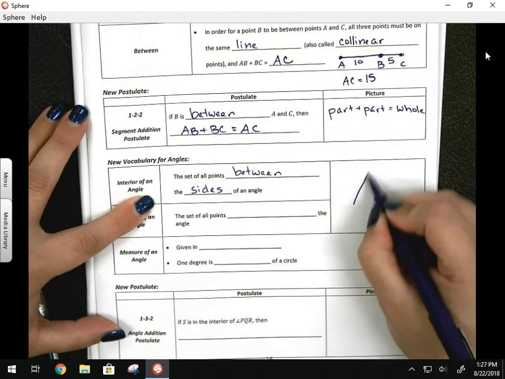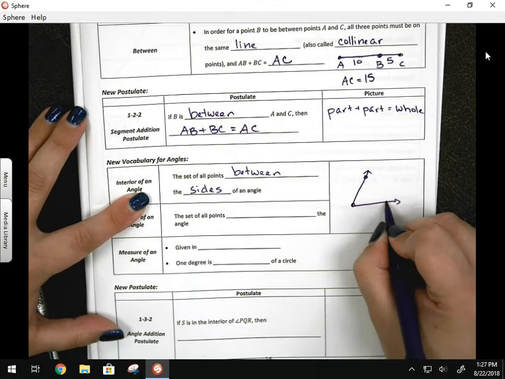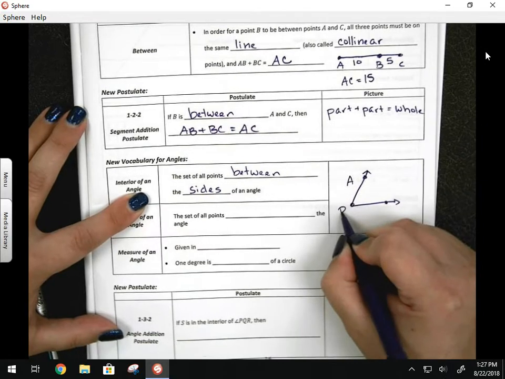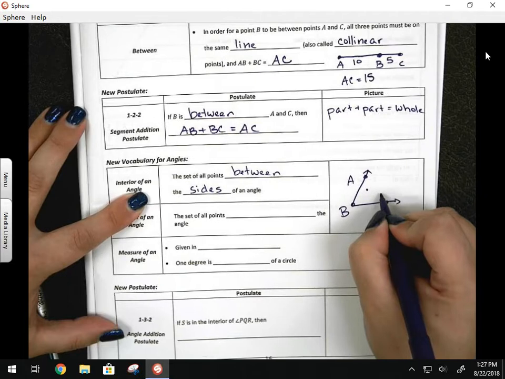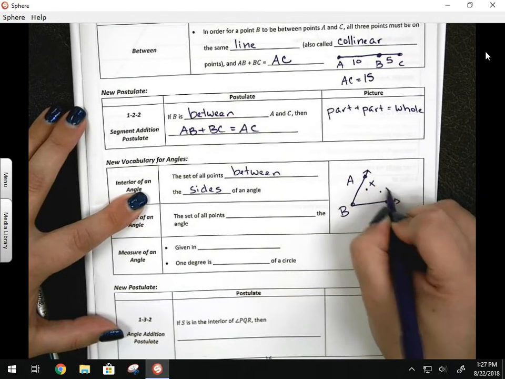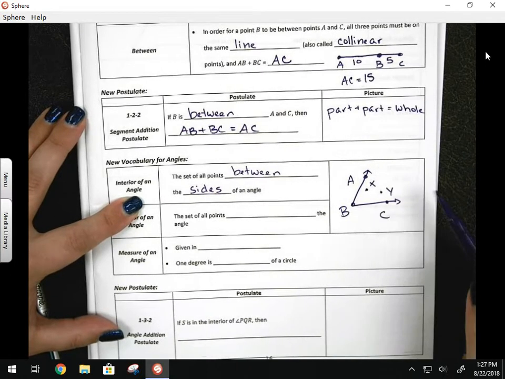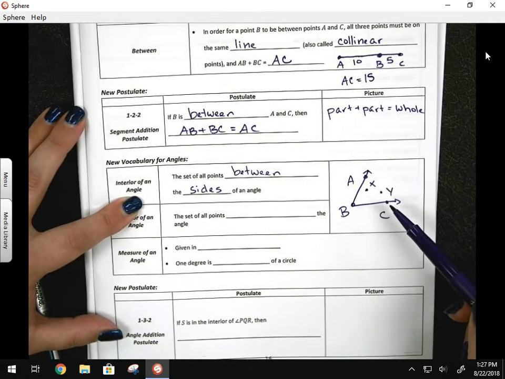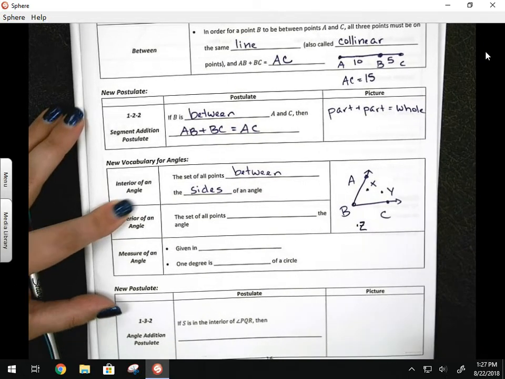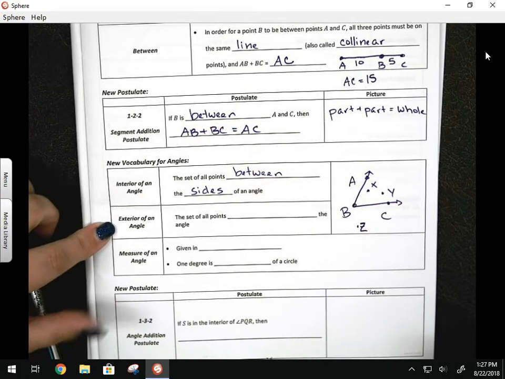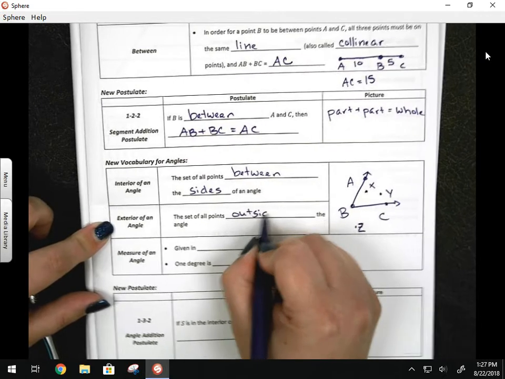For example, if I were to draw an angle ABC, then any points on the interior, for example I'm just going to draw in an X and a Y in here, those points are interior because X and Y are between the two sides of the angle. If I draw a random point Z out here, that would be exterior of the angle, the set of points that are outside the angle.